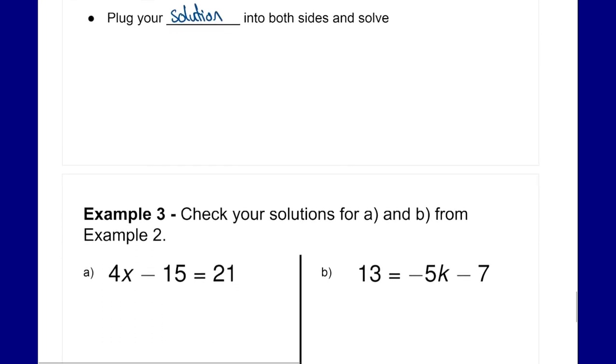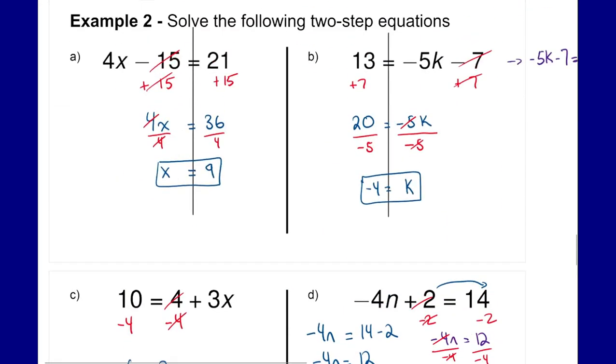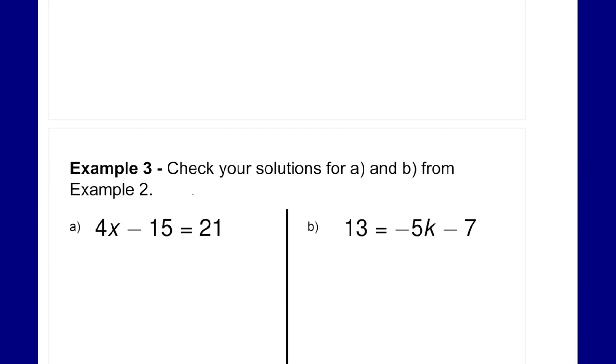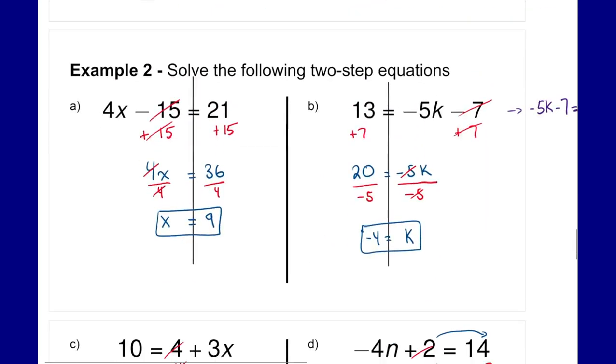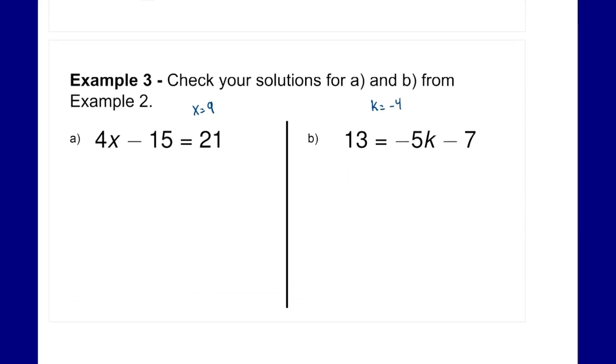So let's check our solutions from A and B from example 2. If I scroll back up, I had 9 and negative 4. So here I had x is equal to 9 and k is equal to negative 4. What I'm going to do is take this answer and plug it back into the equation.